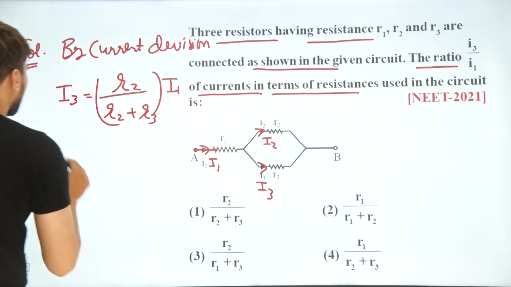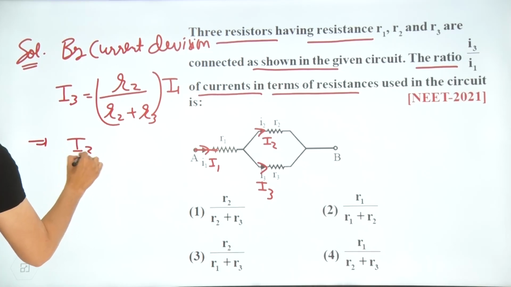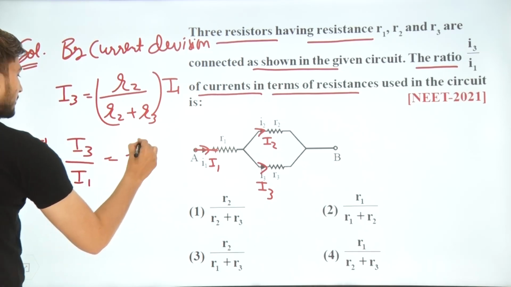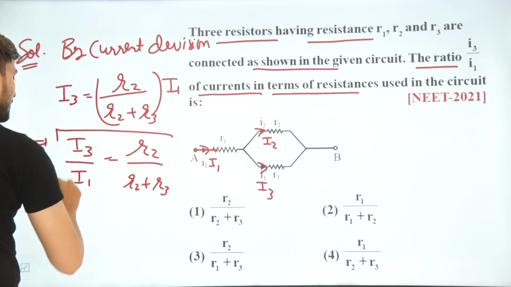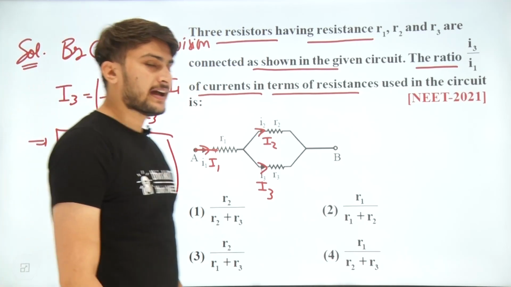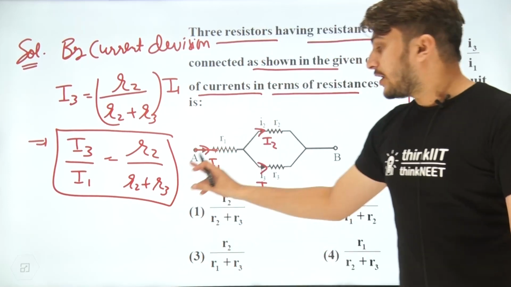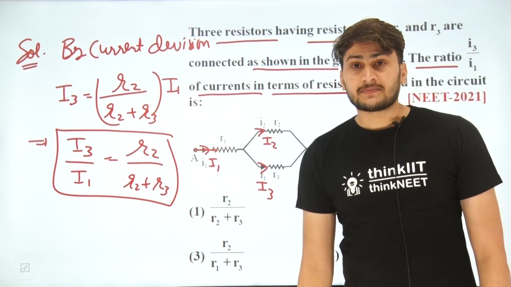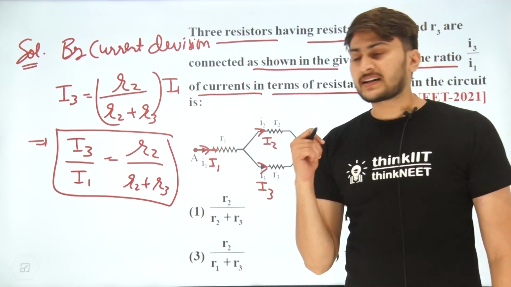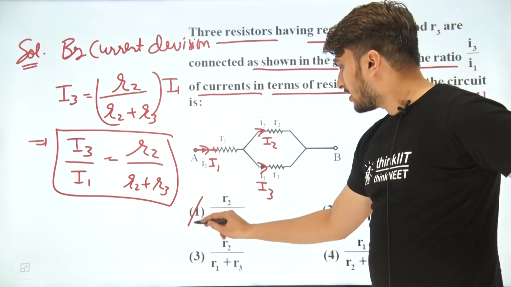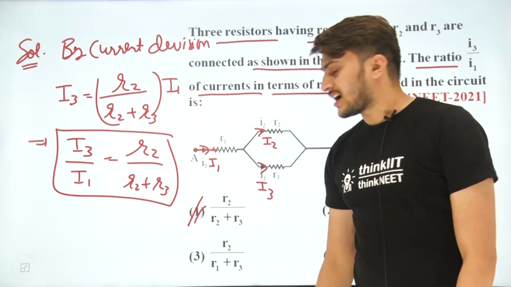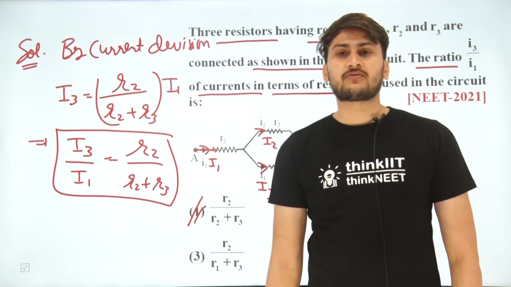So the ratio of I3 upon I1 is R2 upon R2 plus R3. Now we check which option is correct here. The correct option is option number 1, R2 upon R2 plus R3. This is the correct answer for this question.